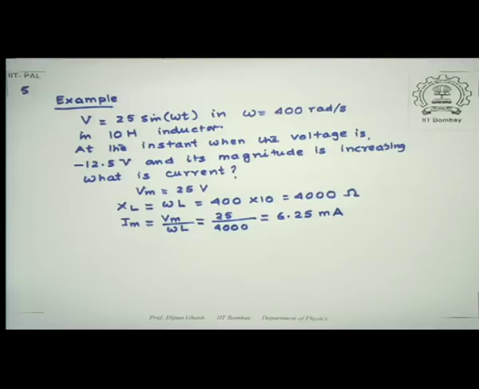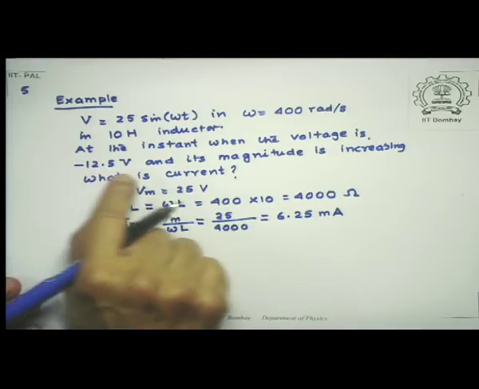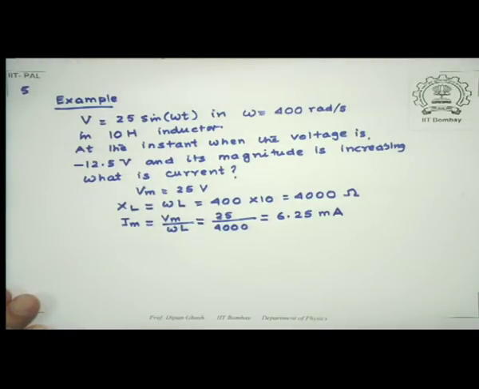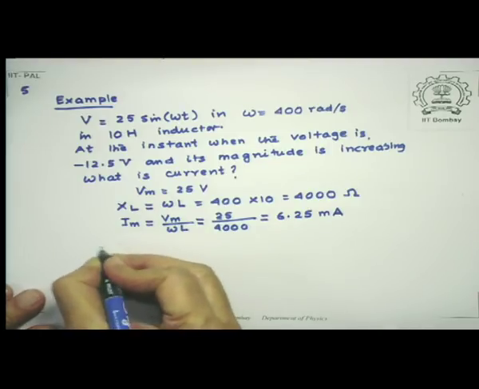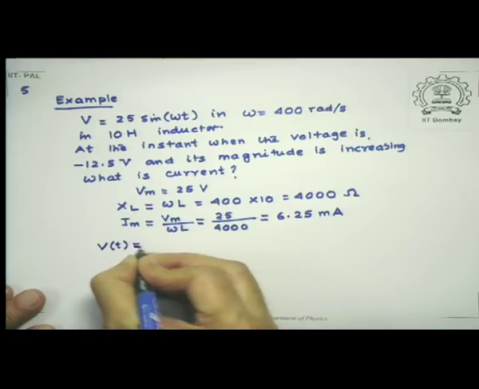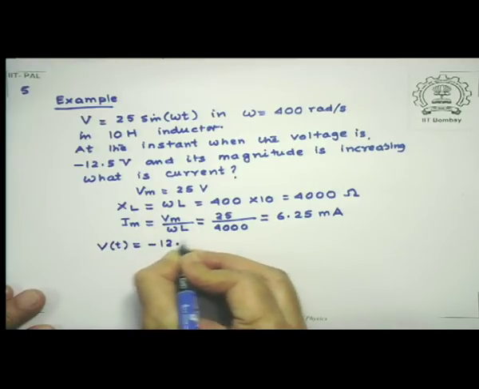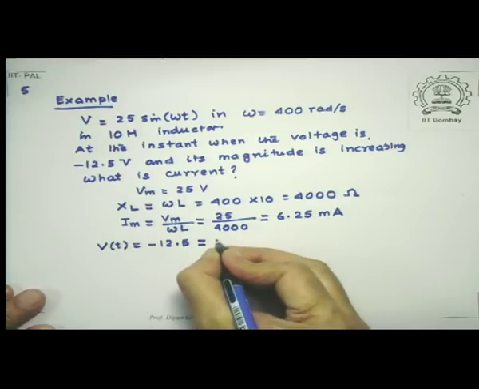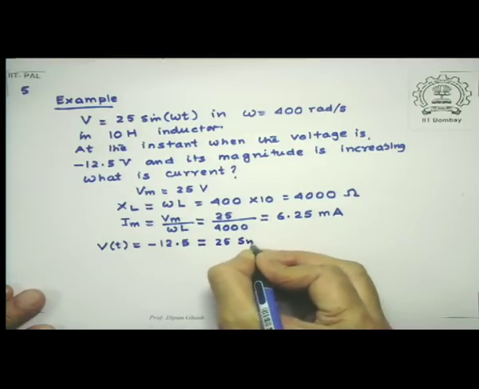Now let's look at what is the instant when voltage value is minus 12.5 volt and it is increasing in magnitude. Now look at what it means. So what it says is my V of t is minus 12.5, and the general expression for V of t is Vm, which is 25, times sin omega t.